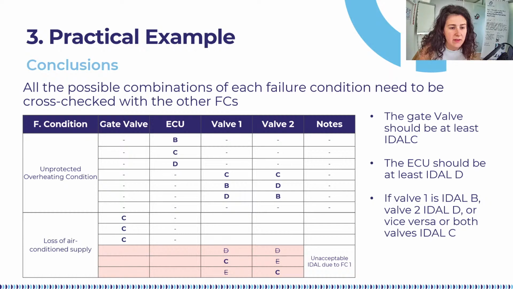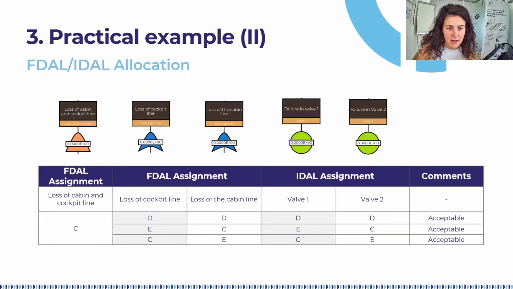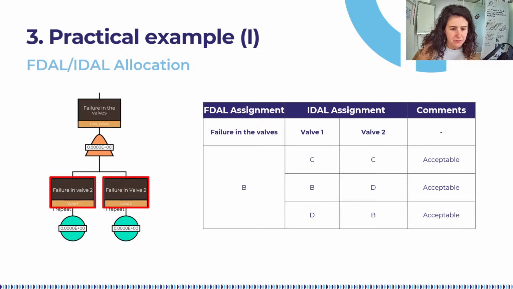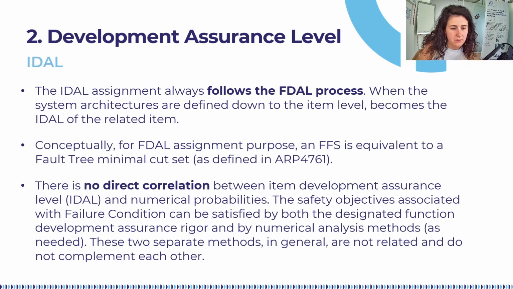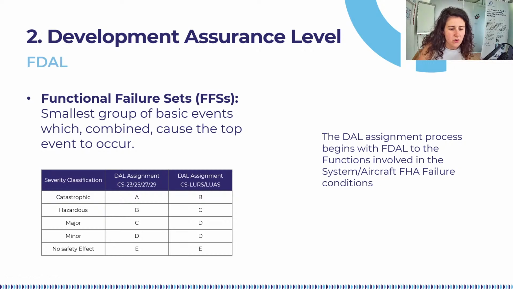I will show you, wait. Here is what I said. You have a rule, the CS-23, 25, 27 or 29, so you have this criteria, or for the CS-LURS that are drones, you have this criteria, B, C, D, D, that is less restrictive, and if you go to the VTOL, it is C, C, C, so it's less restrictive even though.